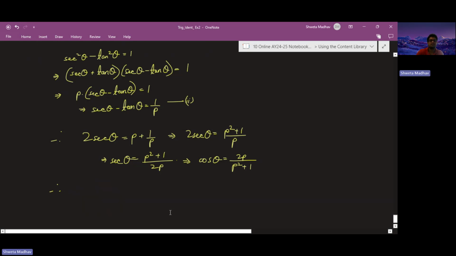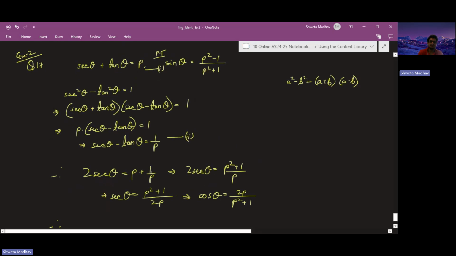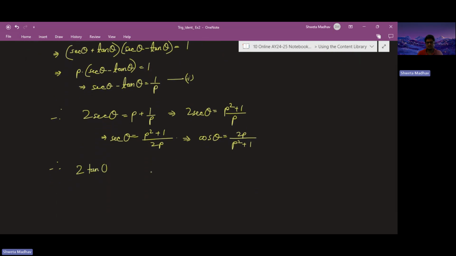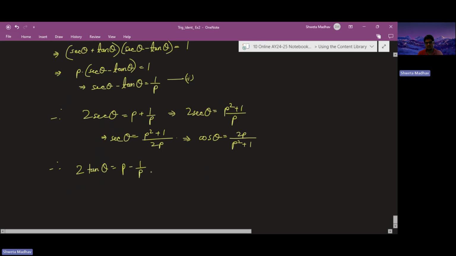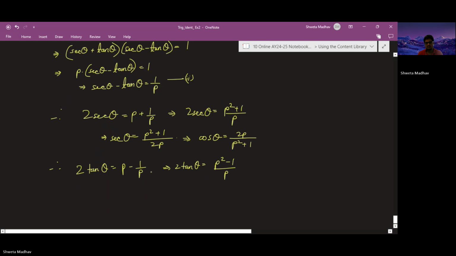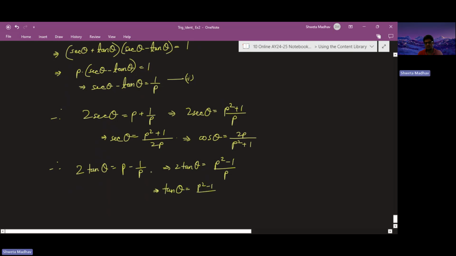We can find out tan theta from here. If we subtract equations 1 and 2, we get 2 tan theta, and sec theta gets cancelled. Then 2 tan theta is equal to p minus 1 by p, so 2 tan theta is equal to p square minus 1 by p. So tan theta will be equal to p square minus 1 by 2p.